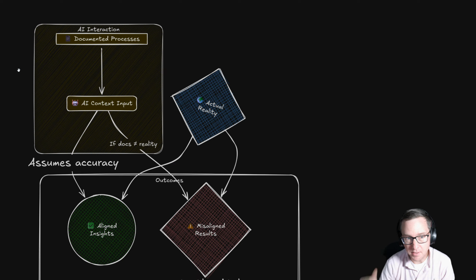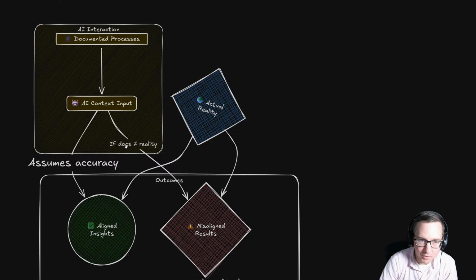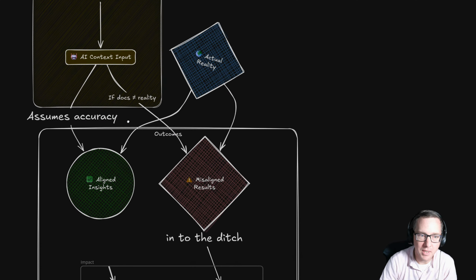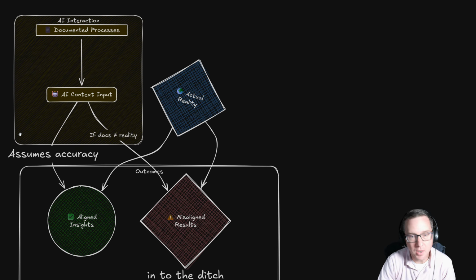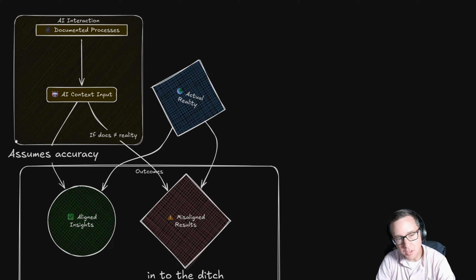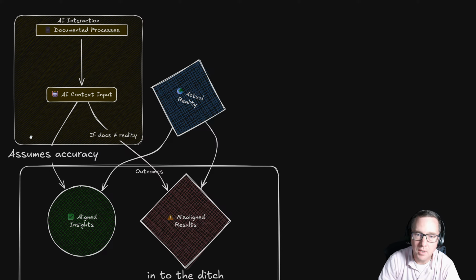You should do this. And then you find out that is not actually reality. So it doesn't match reality. So it assumes accuracy too, right? It doesn't know any better, and it doesn't have the hallway conversations or the relationships. It doesn't know the organizational landscape, the culture, or how work actually gets done.